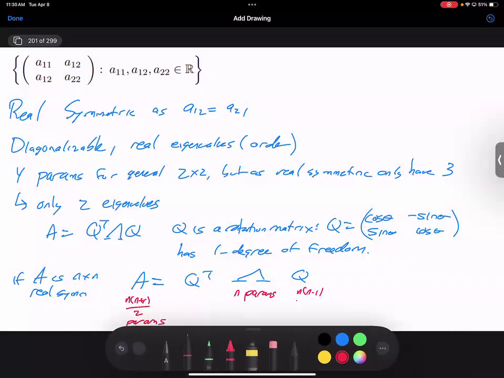And if you add that, it's going to add up. So we know it has to be this. So the question is, can you give me an explanation as to why that's the number of independent parameters we have for our orthogonal matrix?